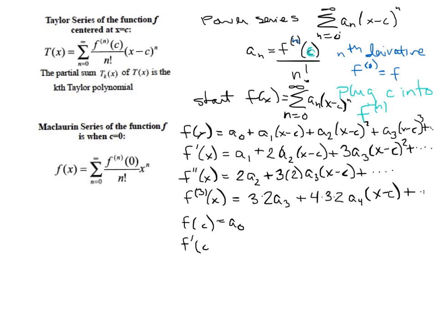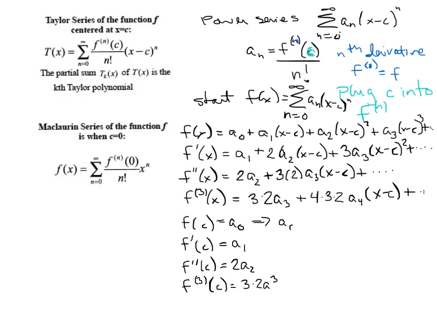What I'm left with in the first derivative is just a1. All the rest of them have an x minus c. They go away. In the second derivative, I'm left with 2a2. In the third derivative, I am left with that 3 times 2a3.